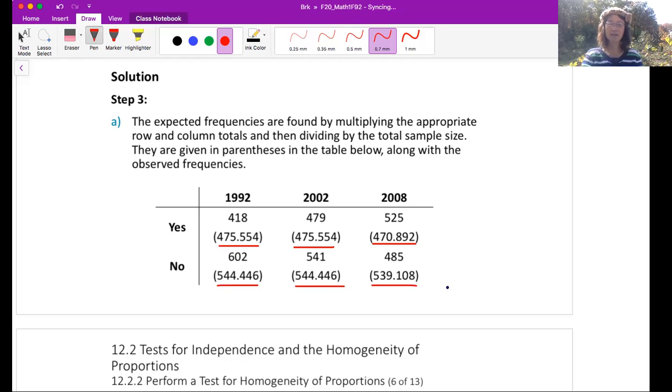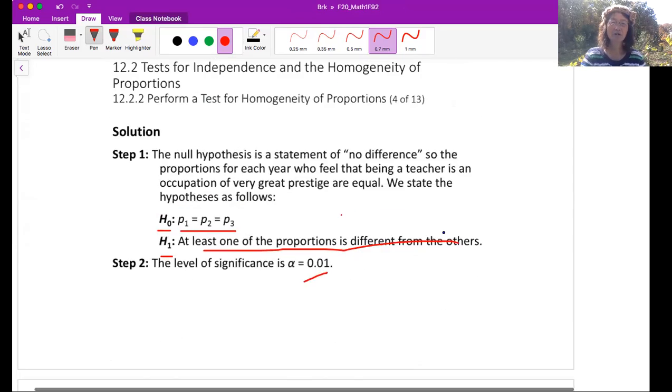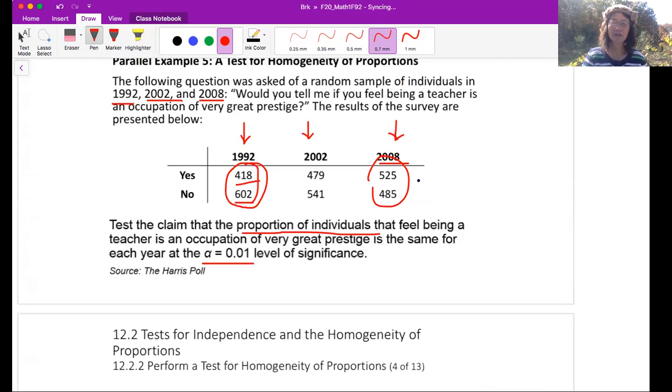And how do you calculate the expected number? You have to do the row total here. There is a row total number, and you have to do the column totals here, and you have to do the grand total here.